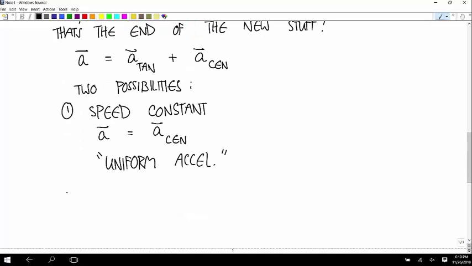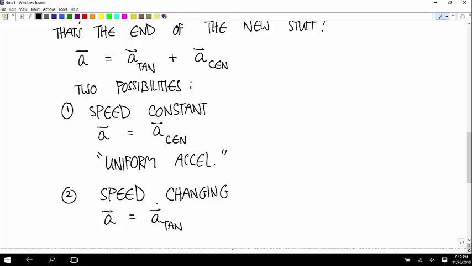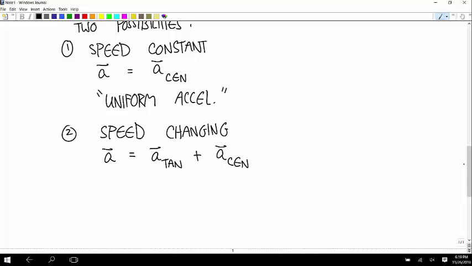The only other possibility is that the speed is changing. Then for the total acceleration, you have to add these two parts together, the tangential and the centripetal. That's called non-uniform circular motion.